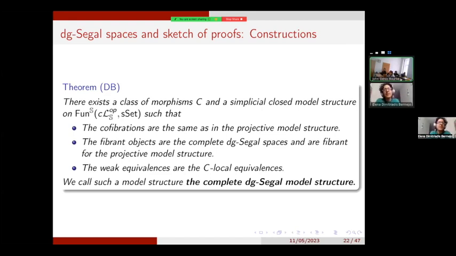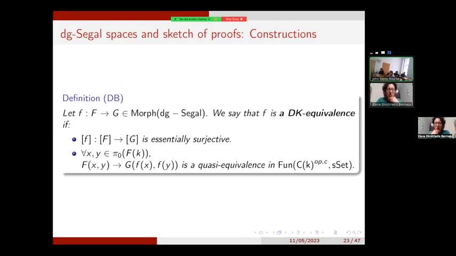Now, I said that the reason we go to complete DG Segal spaces is because there's a type of morphism that should be an equivalence but isn't. So now it's time to see what those are. So there are these ones. For now, you cannot understand the details of this definition yet.